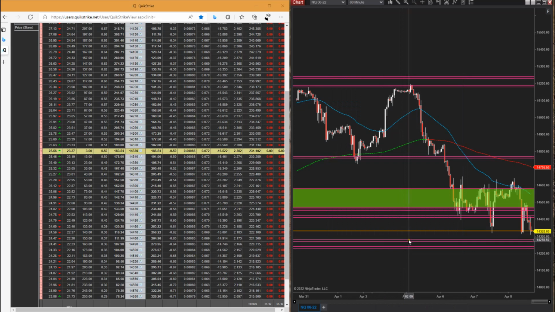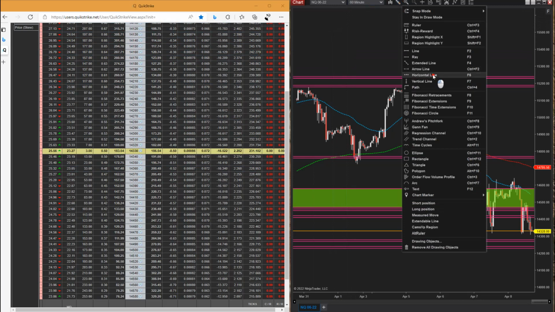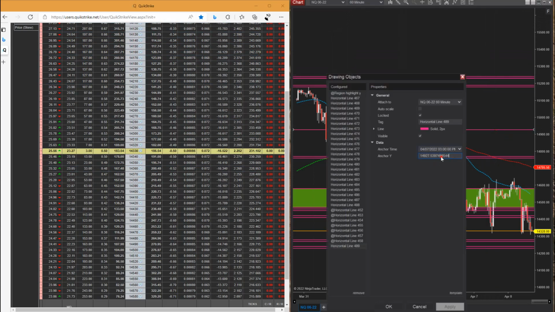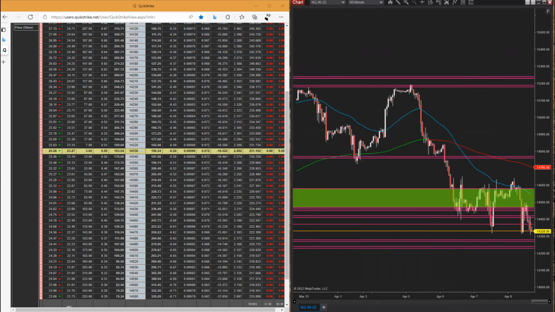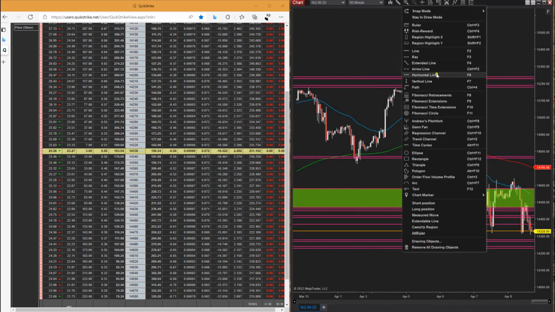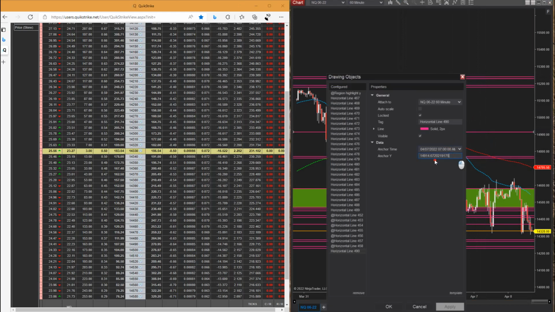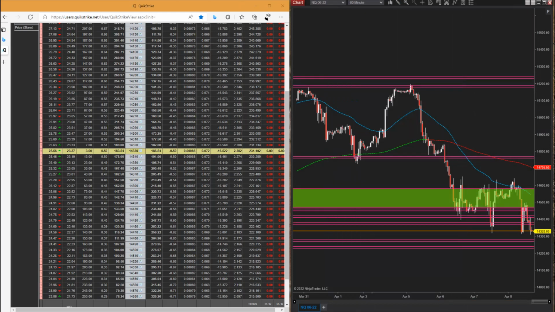Okay, and to the upside, 370, 380. Okay, so now my chart is completely marked up the way I like it.